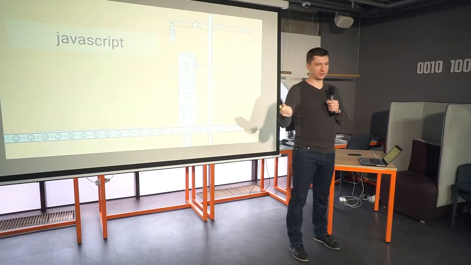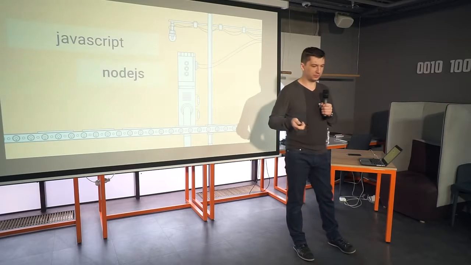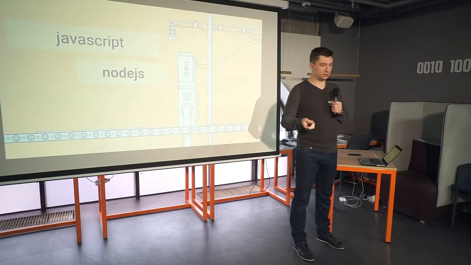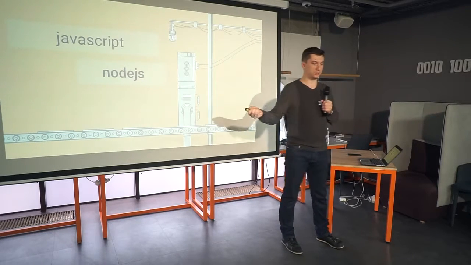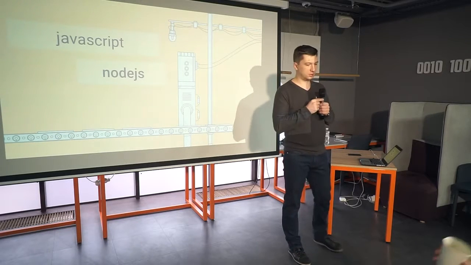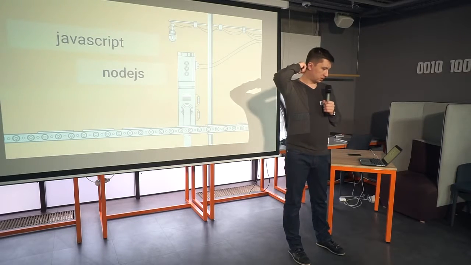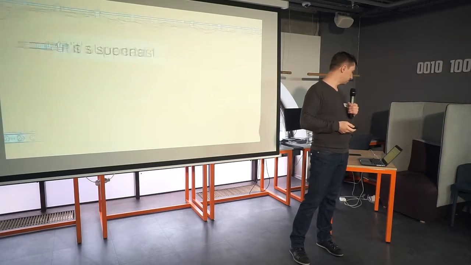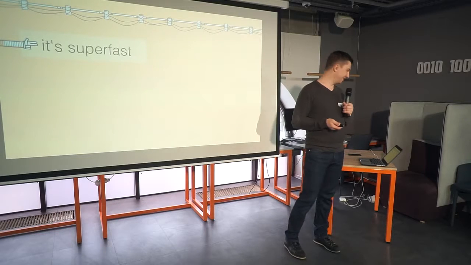Let's talk about JavaScript, or rather not JavaScript, but Node.js. In Node.js, we have a similar problem. When Node.js was becoming more or less popular, we had the idea that Node.js is super fast. Everybody believed it.